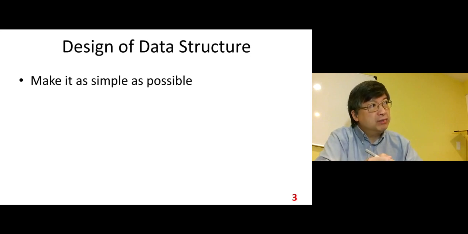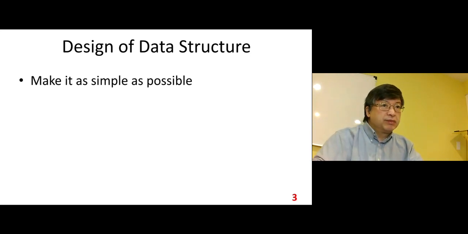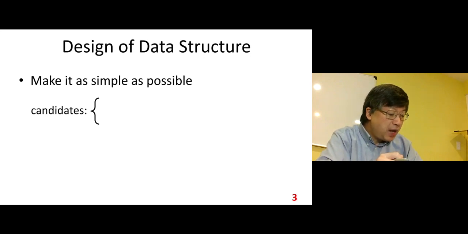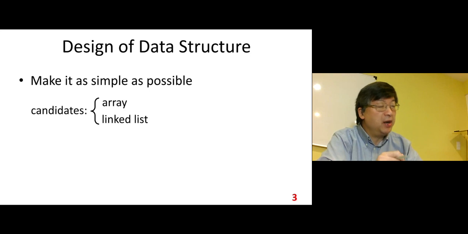Let's take a look. What special things do we need to do to get this kind of new data structure? Candidates: here we have two, array and linked list.